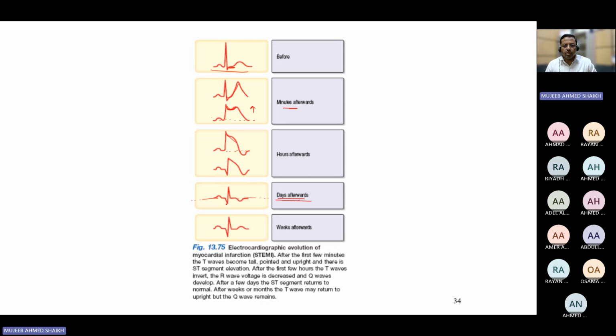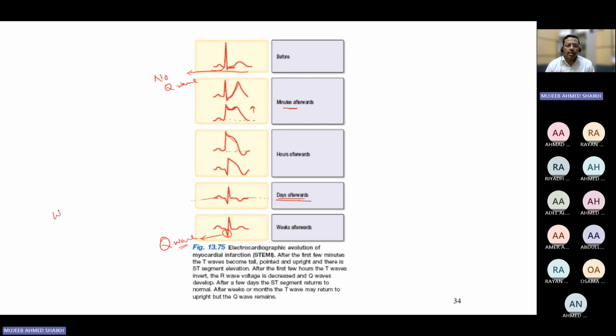But you will observe one more finding here after the infarction occurs. Which wave is this? Q wave will appear. If you observe here, no Q wave or very minimal. If you see after the infarction, Q wave will be seen in which lead?